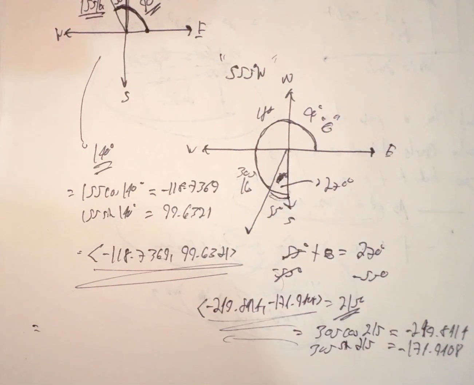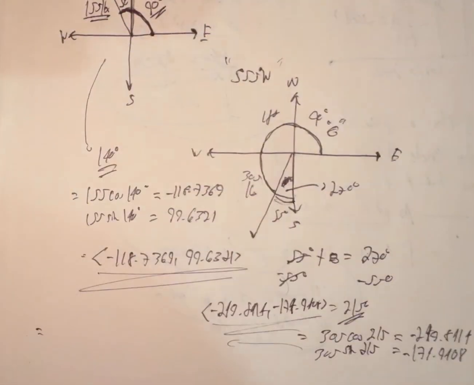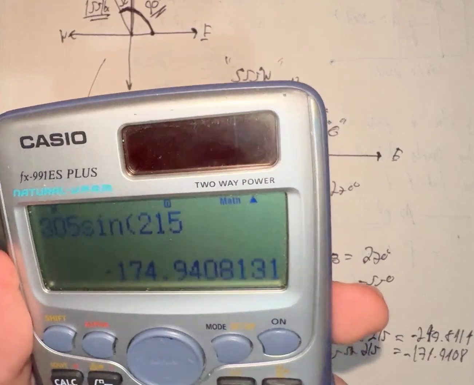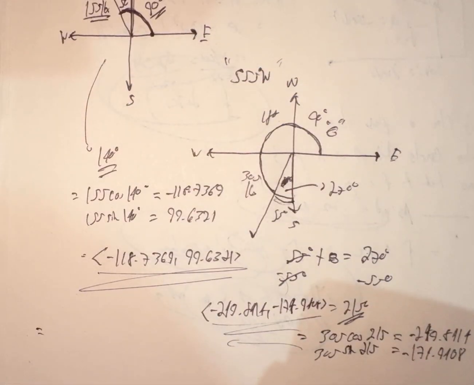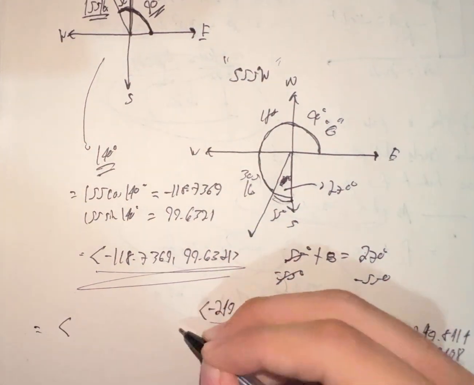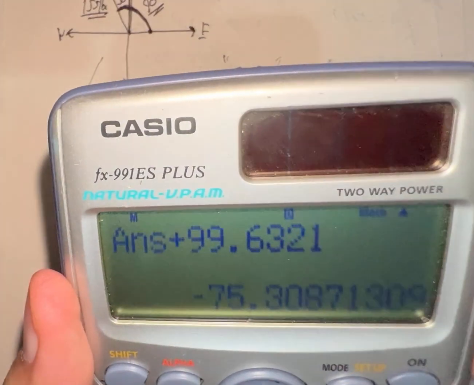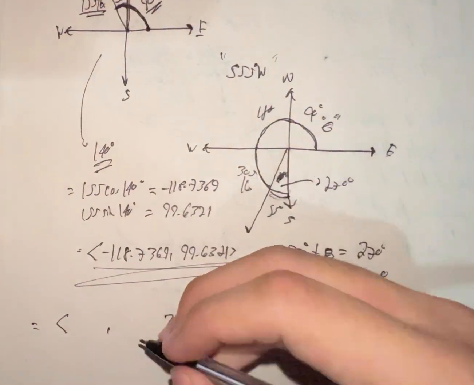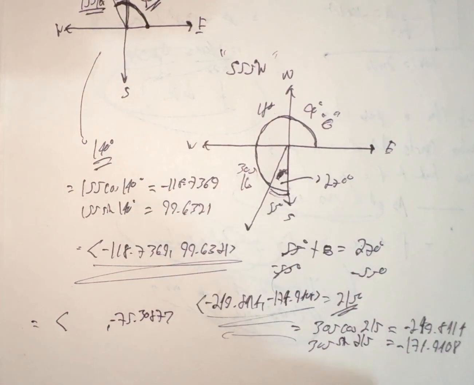Now we're going to add the x components and the y components together. I'm going to do the y components first, because it's already inputted on my calculator and all I have to do is add 99.6321 to it. That gives negative 75.3087.